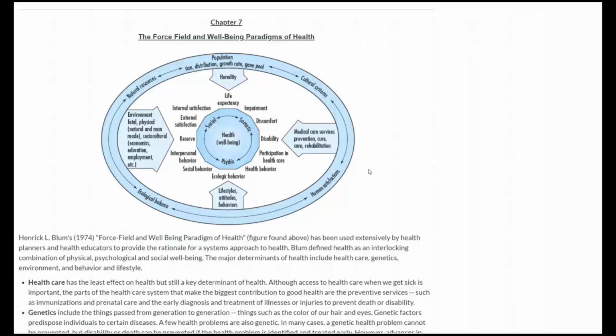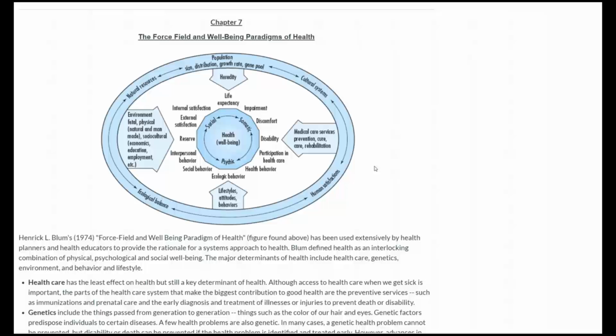Now, one of my favorite layouts, or I want to say a framework, that really explains this concept of social determinants of health is the force field and well-being paradigms of health, which was created by Bloom.